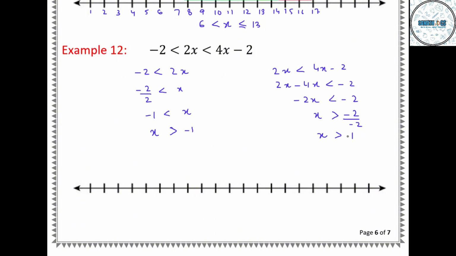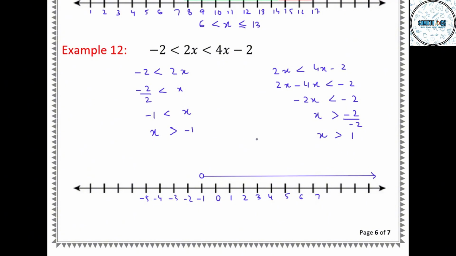Now we have to mark -1 and 1. So we will start from -1, 0, and 1. We can mark other points as well. At -1, we have to make a circle and all the values greater than this are included.